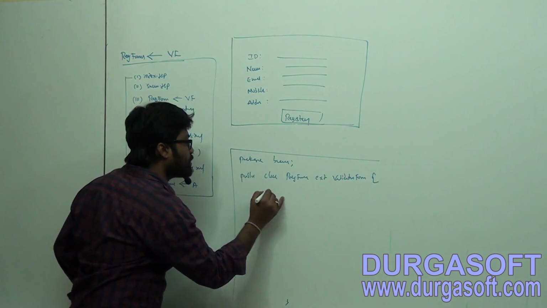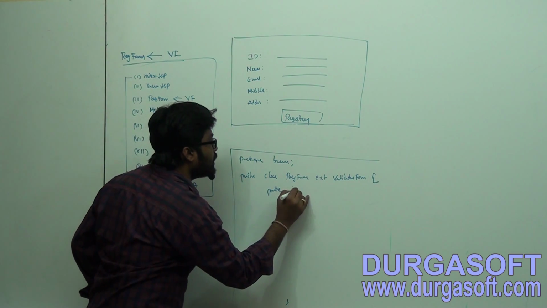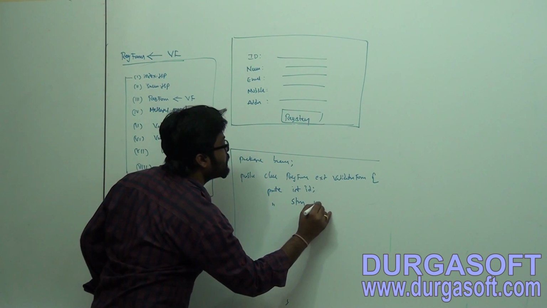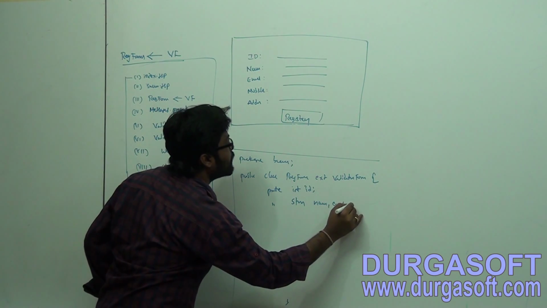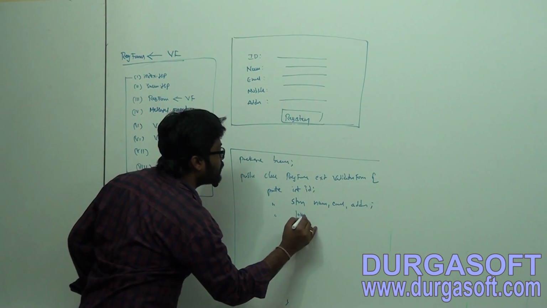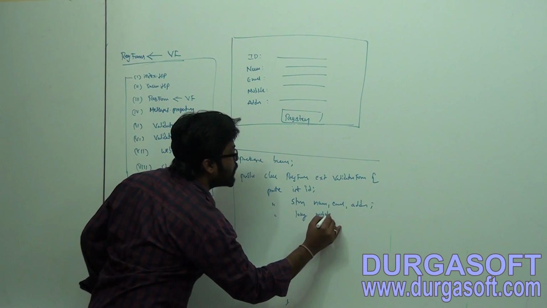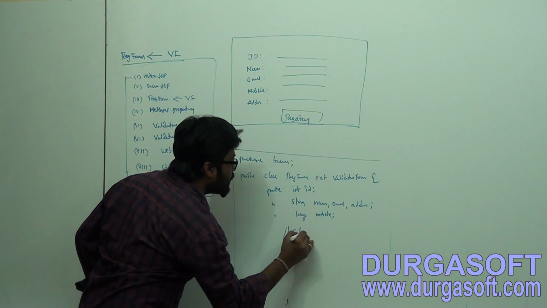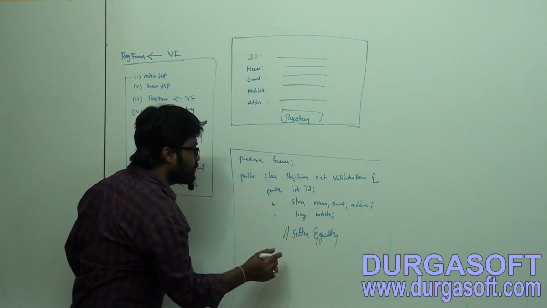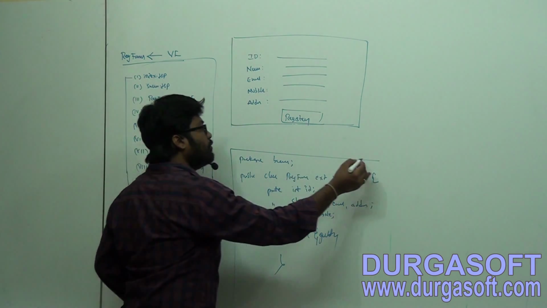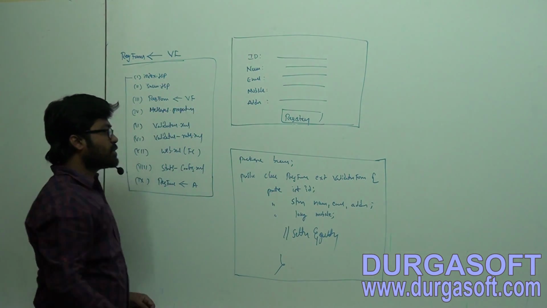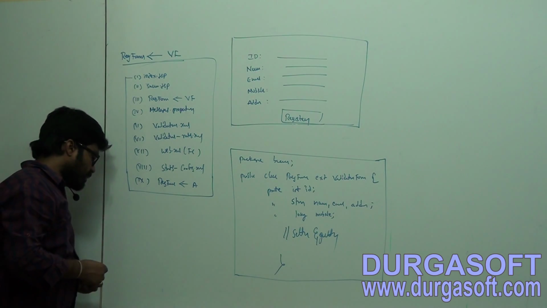Just write bean properties here: private int id, private String name, email, address, and for mobile number, private long, the required data type is long. Write setters and getters here. Just like your action form, create a bean here without any validations.